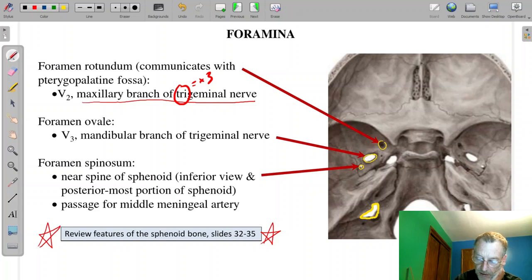But this is basically where they appear. They're hard to appreciate, but those are the jugular foramina. So I'm going to write that in. Jugular foramina.